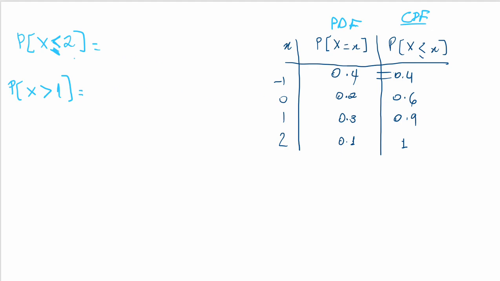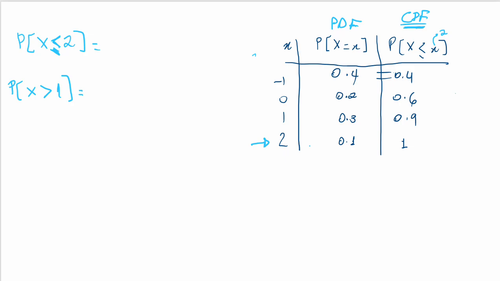So what I want is to look in the CDF, right? Why? Because the CDF gives me exactly this probability. The CDF gives me the probability of capital X being less than or equal to a little x. So what do I want to do? I want my little x to be equal to 2, right? So I go to the row where my little x assumes 2, in this row, right?